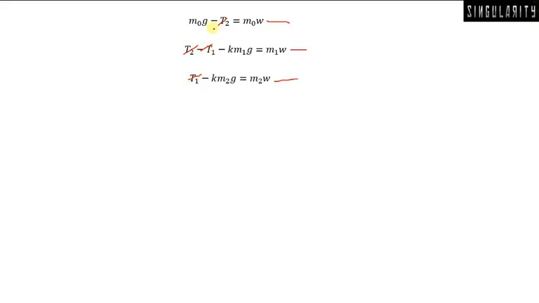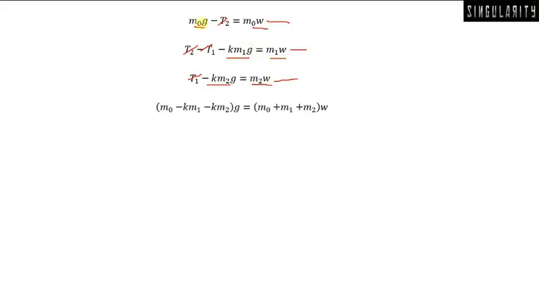On the left hand side we remain with M0 g minus k times M1 g minus k times M2 g. On the right hand side we have M0 W, M1 W and M2 W.